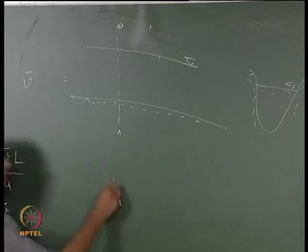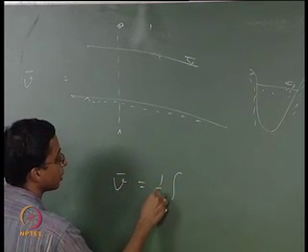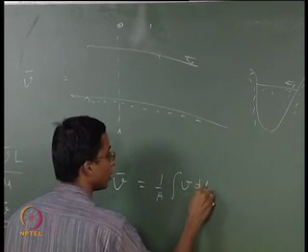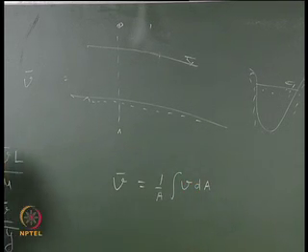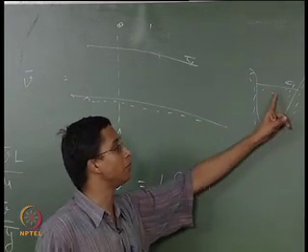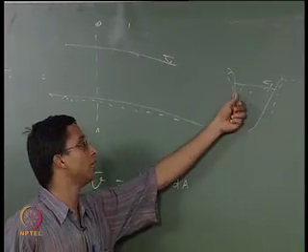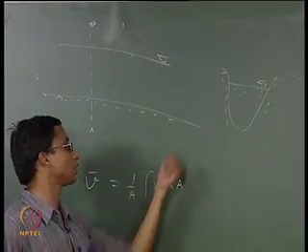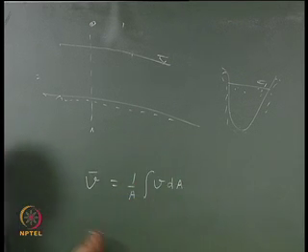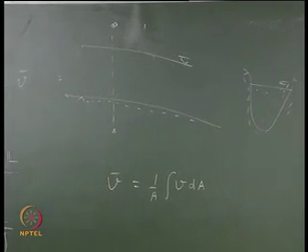Generally V is given as follows: if you take small elements of area dA in the entire cross section, and v is the velocity at that location, just get the ratio in the following form, and you will get your average velocity.